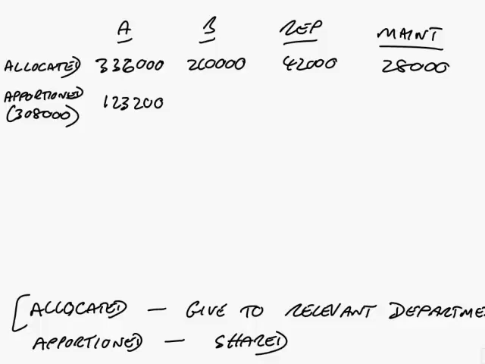But the next step, remember, we want to charge all the overheads to production departments. And it says here that A and B are production. Repairs and maintenance are service departments. And remember what we mean.